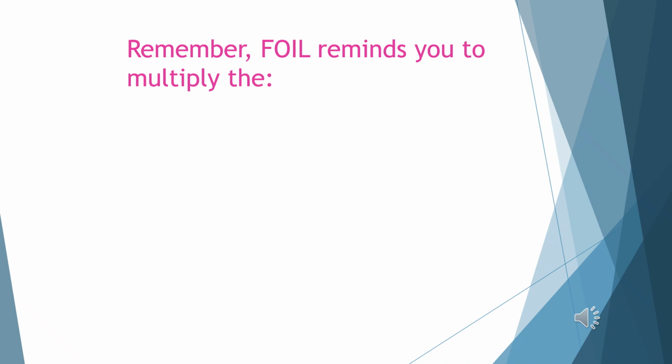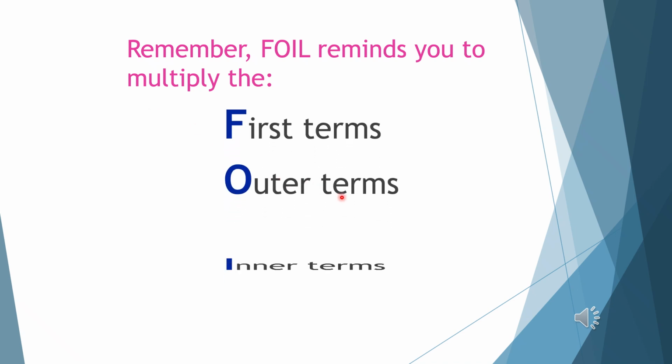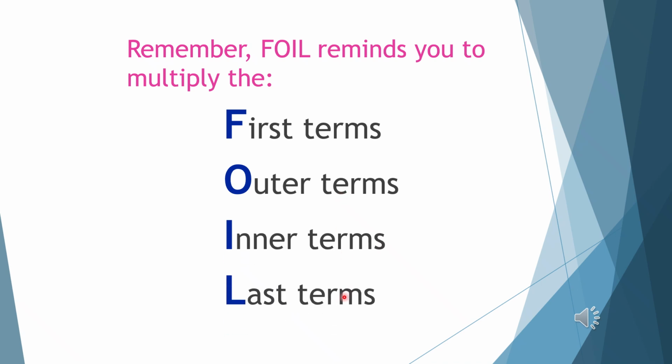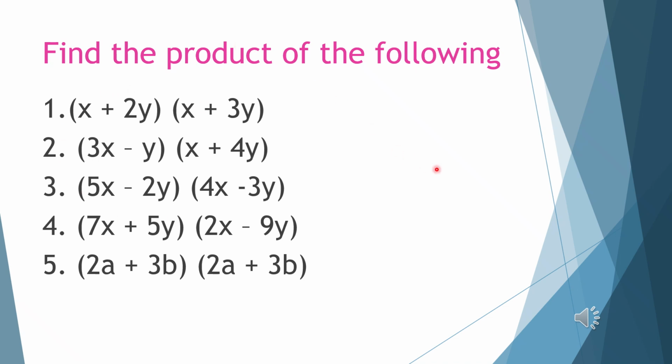Now remember, the FOIL method reminds you to multiply the following: first terms, outer terms, inner terms, and last terms. Now let's find the product of each of the following binomials. So we have here, for this part, x times x is x squared.